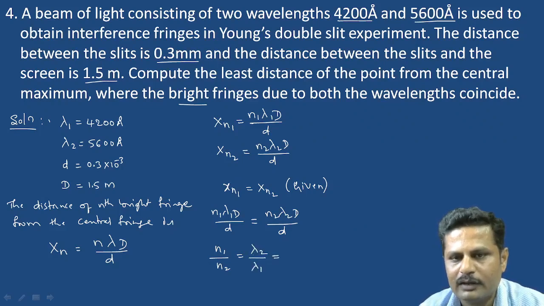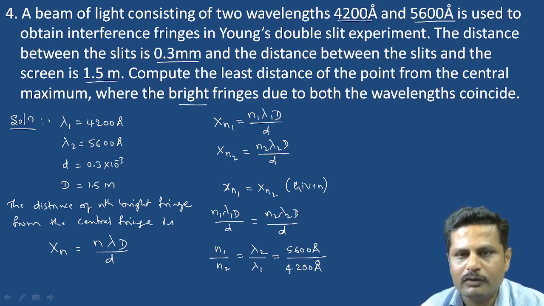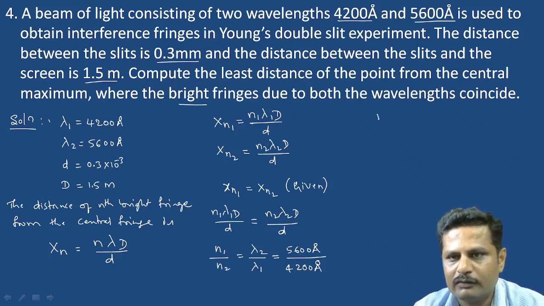Here lambda 2 is 5600 angstrom and lambda 1 is 4200 angstrom. So 56 divided by 42, that is n1 by n2 is equals to 4 divided by 3. Therefore n1 equals to 4 and n2 equals to 3.